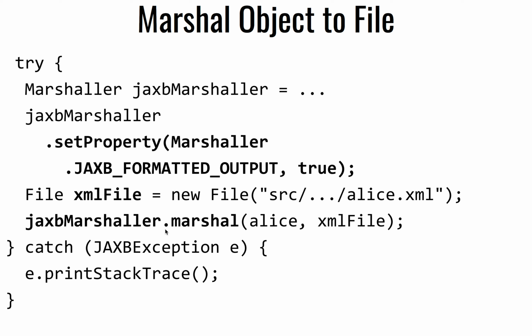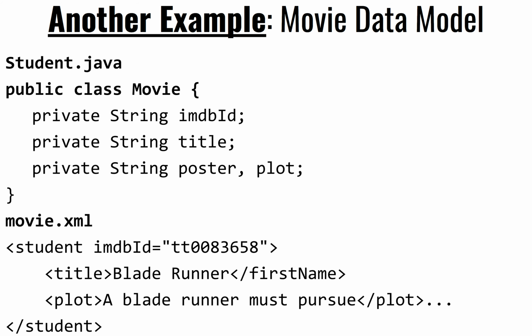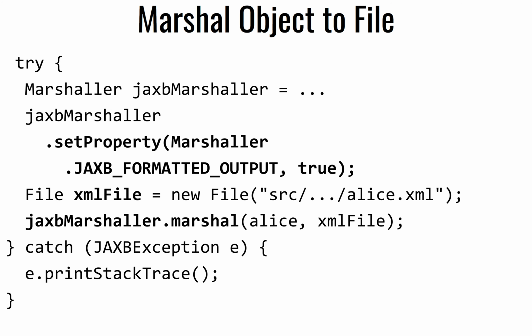We do that by doing a marshal, meaning convert this object representation in memory and write it to the XML file alice.xml. Make sense? So that is writing into a file. We can do the inverse: we can read from the XML into memory. That's called unmarshalling, and we'll have an example of that a little later.